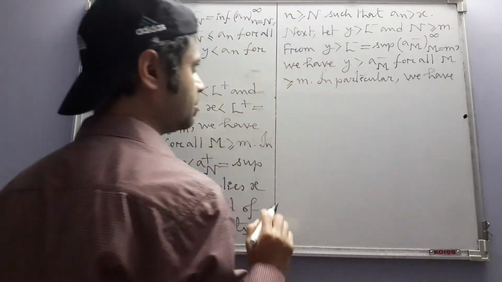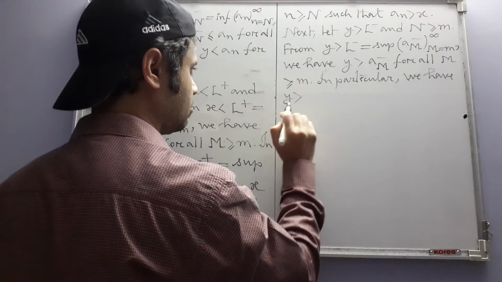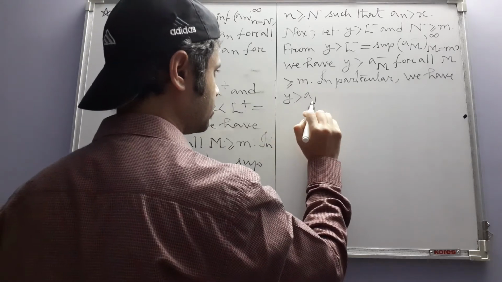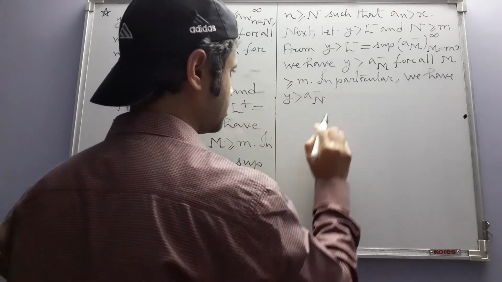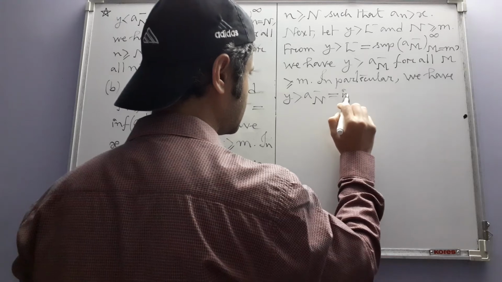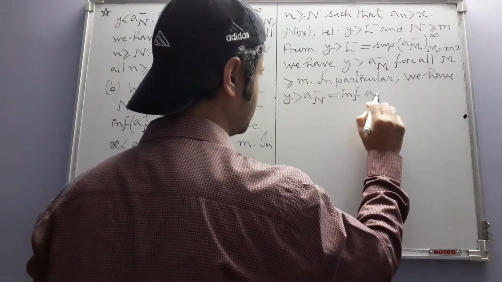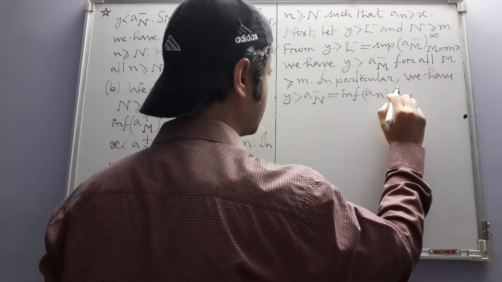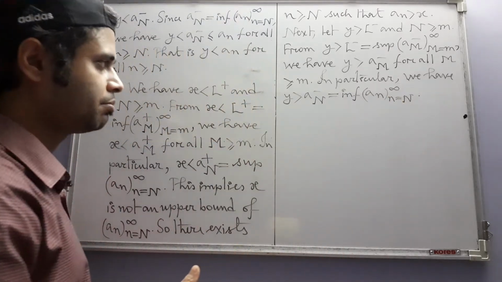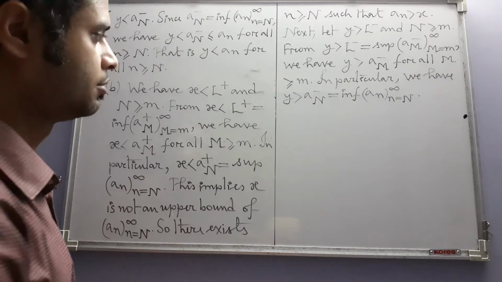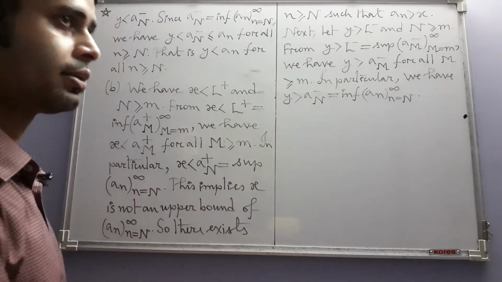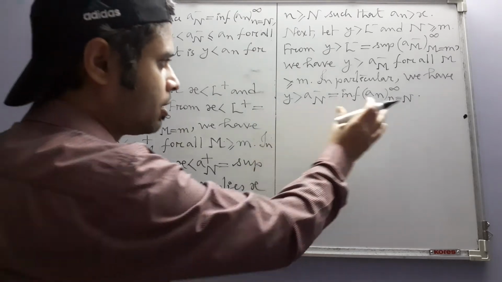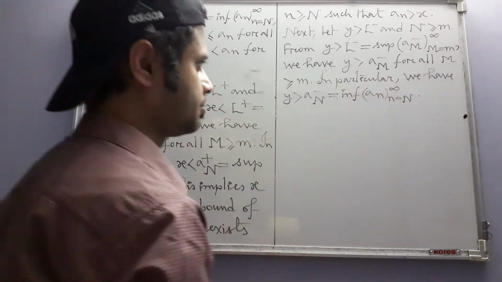In particular, we have y greater than a_n minus. Now a_n minus is the infimum of this sequence. Infimum means greatest lower bound. y is even greater than that, so y cannot be a lower bound of this sequence.